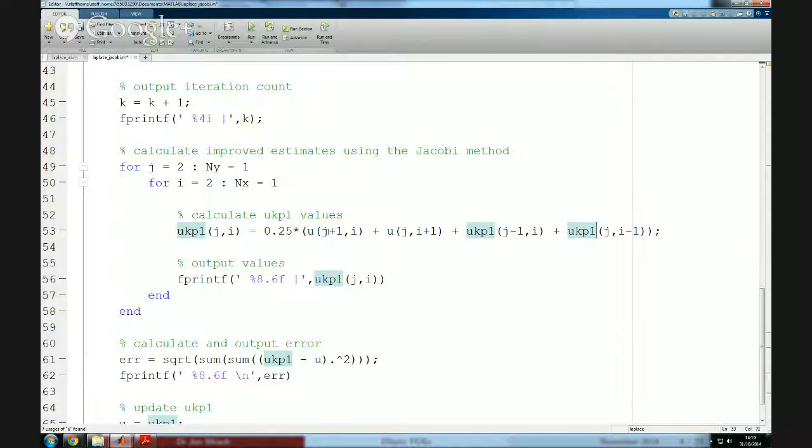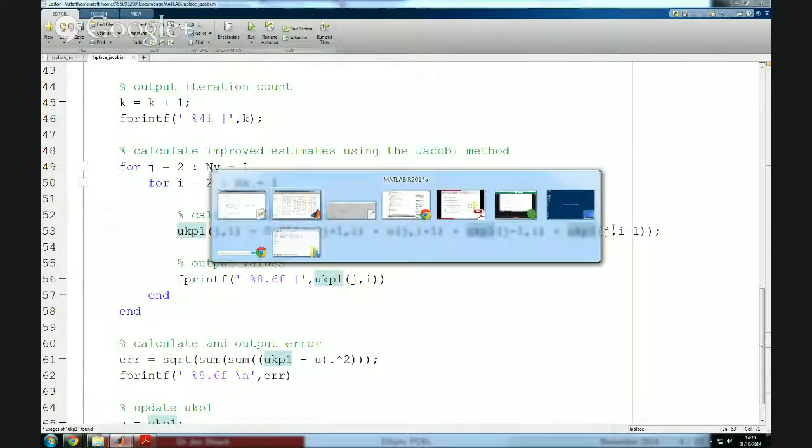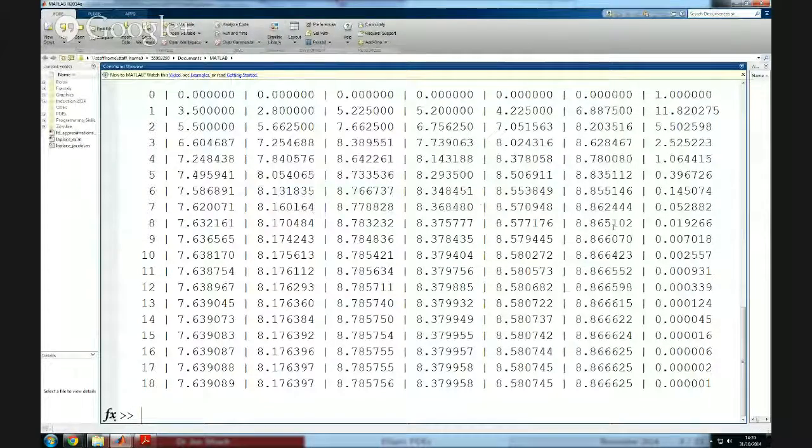All I did was change the U. If I undo that again, I changed the U for the south and for the west nodes to the U k+1. I run that, and you can see it only took 18 iterations. So that one change almost halved the amount of work we had to do.